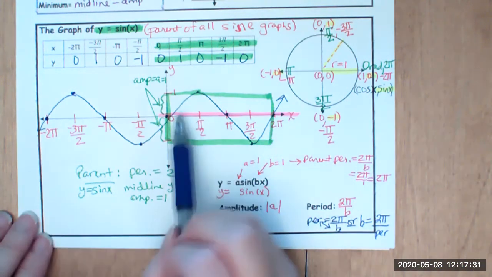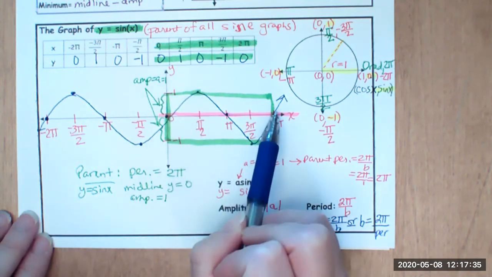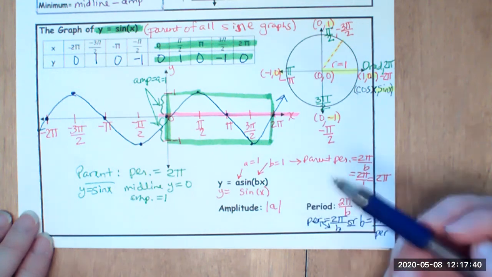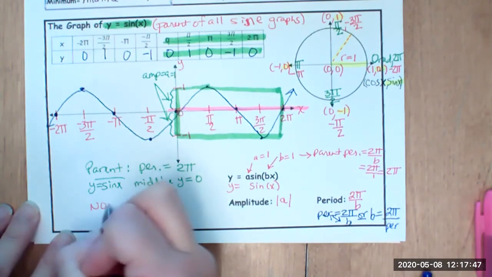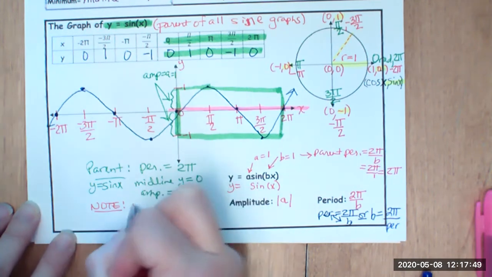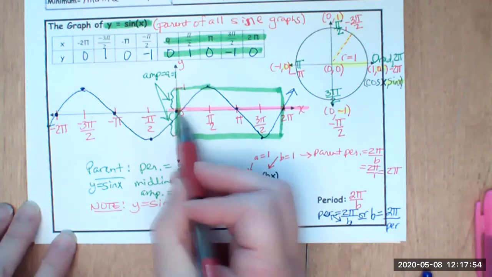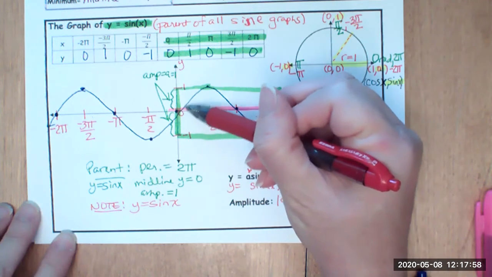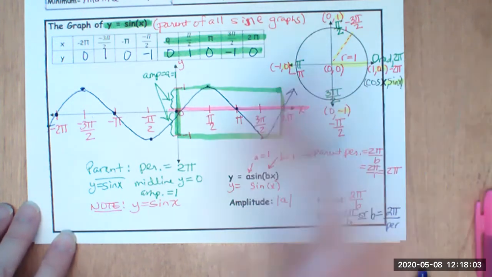One more thing to notice before we move on is just the general shape and characteristics of the sine curve, because we're also going to be looking at the cosine curve, and you want to be able to distinguish between the sine curve and the cosine curve. So one thing to notice for the parent sine function, between 0 and 2 pi, the general shape is that of a hill on the left and then a valley on the right.